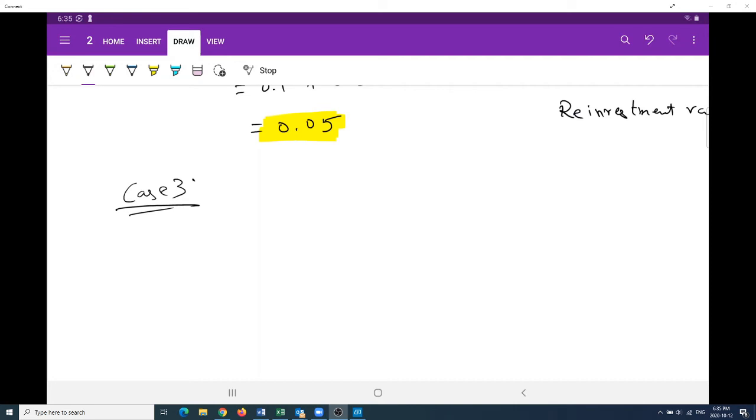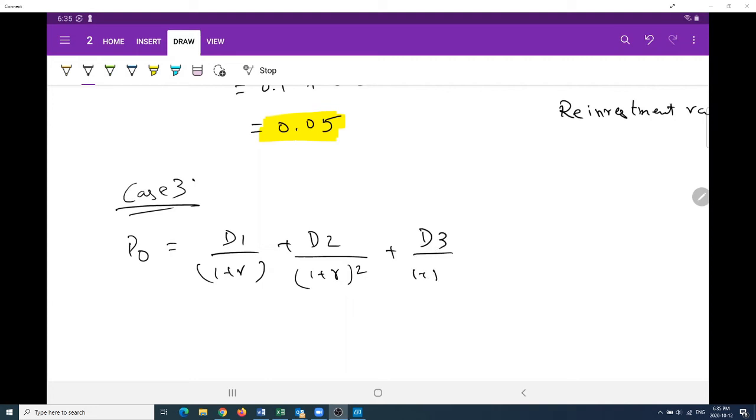And so your P0 is going to be like D1 by 1 plus R, D2 divided by 1 plus R squared, D3 divided by 1 plus R cubed, D4 divided by 1 plus R to the 4, and so on.